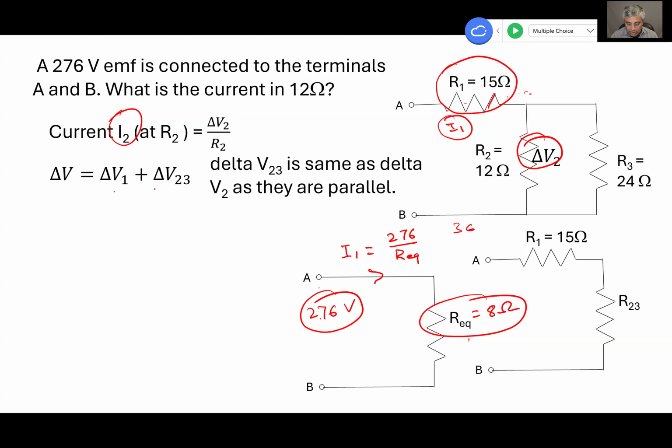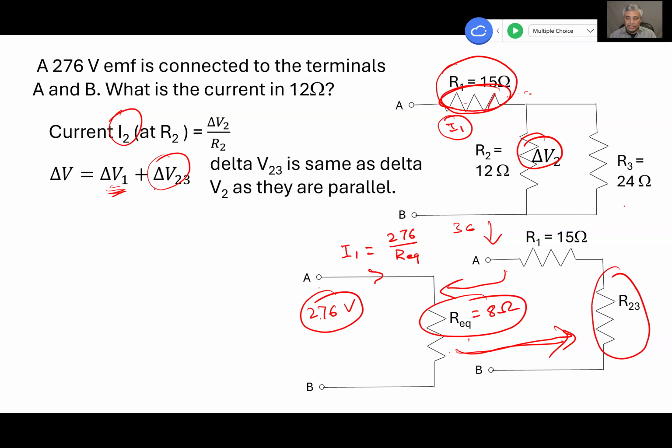So now, delta V1 over here is this, and delta V23 is basically this one here. So now, once we have this, we are going backward. See, we went like this, and then now we are reversing back, okay?